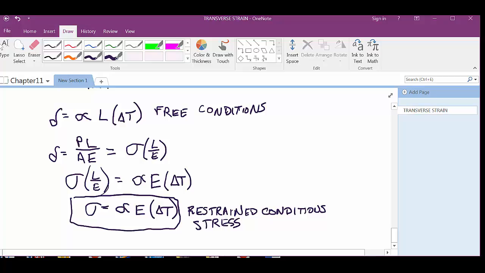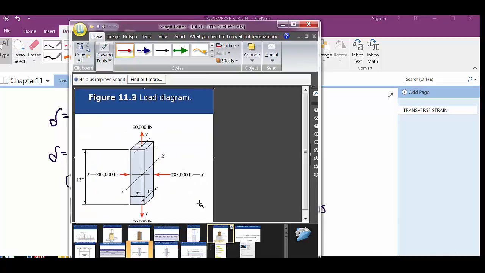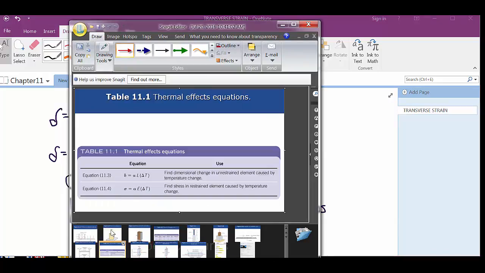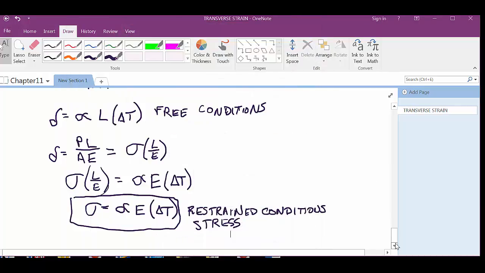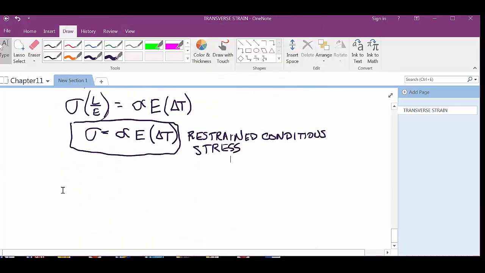Also note, there is this table right here. Probably will be of some value to you as well.